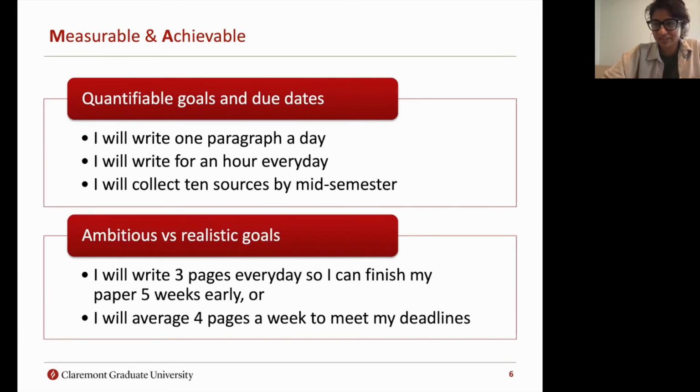If a few weeks in you realize you're doing more than you've set for your goals, you can adjust your goals to match that. These two components really allow you to break down your goals in ways that are easily achievable for you, and also help you build confidence in your writing plan as well.